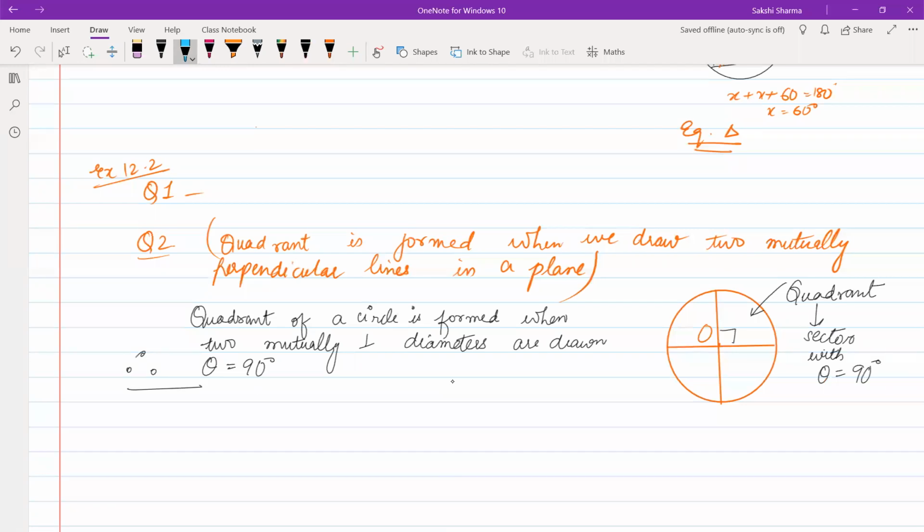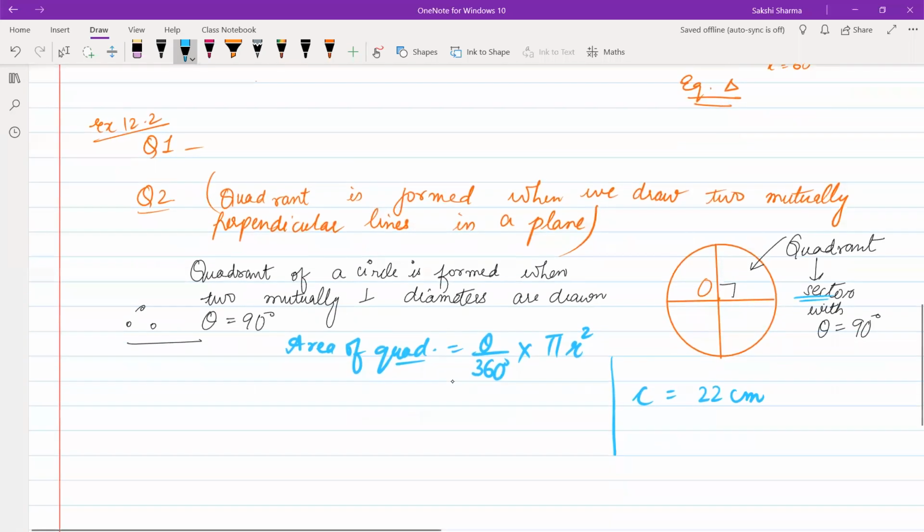Find out the area. Formula will be used for the sector because quadrant as such is a sector. Theta by 360 degrees into pi r square. The radius of the circle is not known, but instead we have the circumference as 22 centimeters.